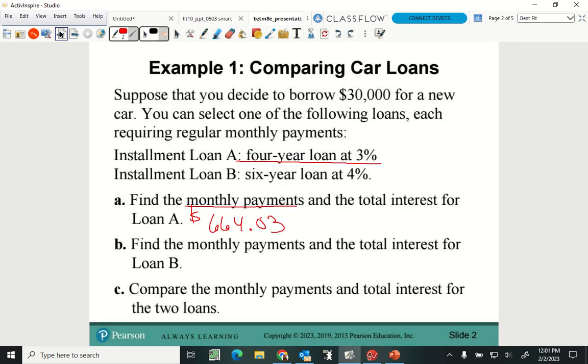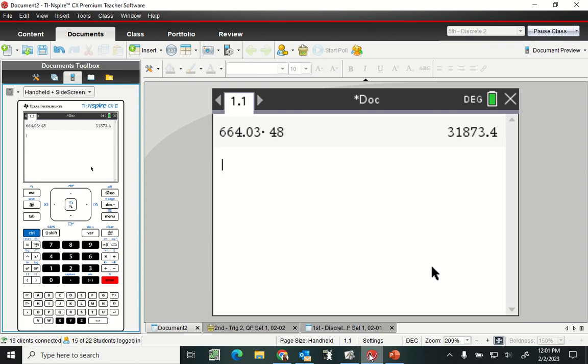A minus P. So my P would be my original amount. So I'm going to take that value, subtract my 30,000, and I get 1873.44. So I'm going through this kind of quick. Is anyone lost?